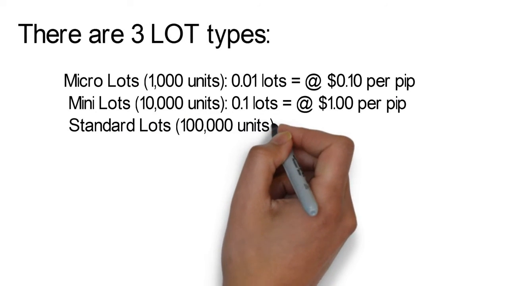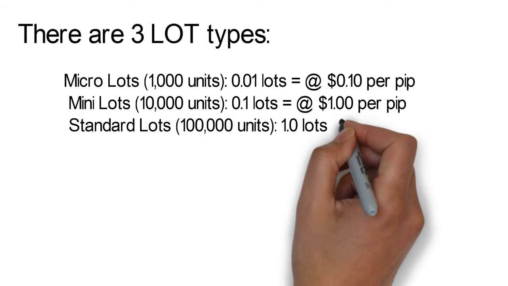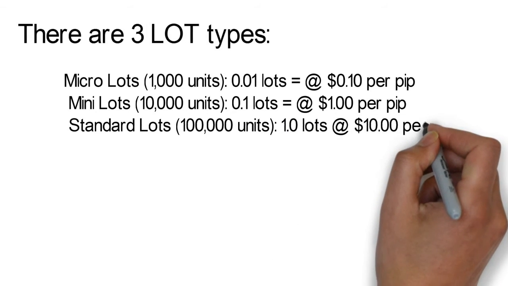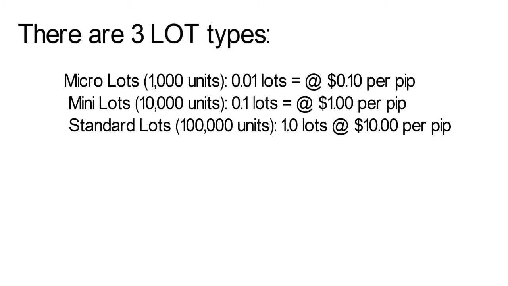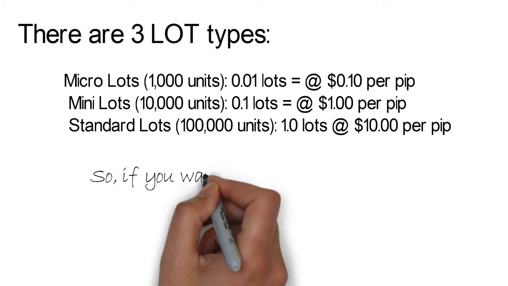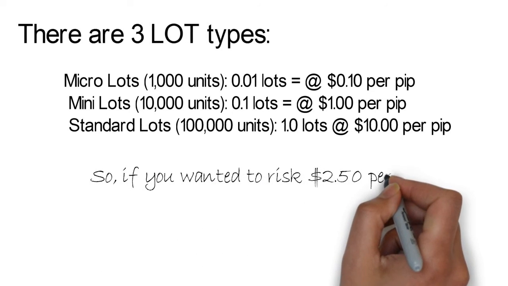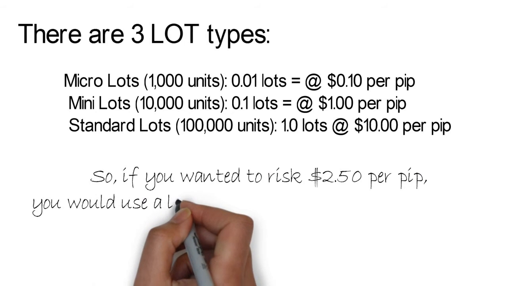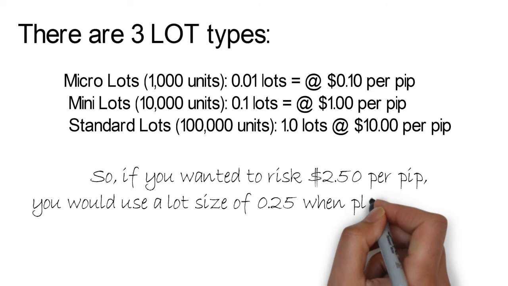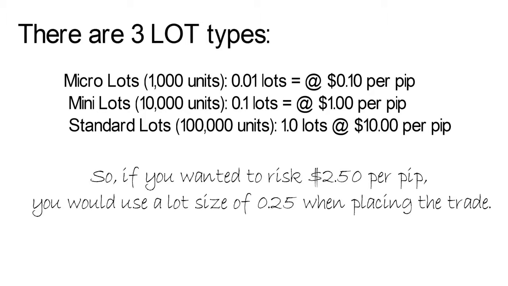And then there's standard lots, which is 100,000 units, and it's written 1.0 lots, and that represents about $10 per pip. So if you wanted to risk $2.50 per pip, you would use a lot size of 0.25 when placing the trade.